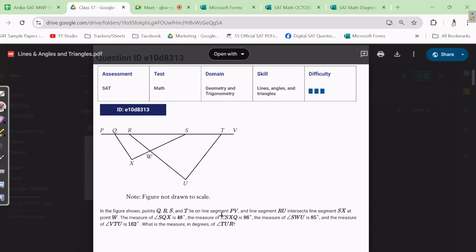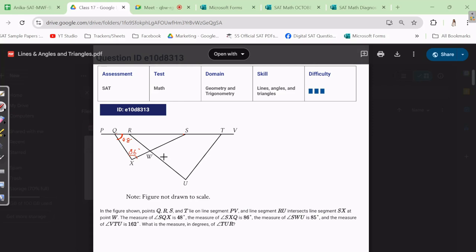So this is PV and line segment RU intersects line segment SX at point W. Okay, the measure of angle SQX, this one, it's 48. And the measure of SXQ is 86.